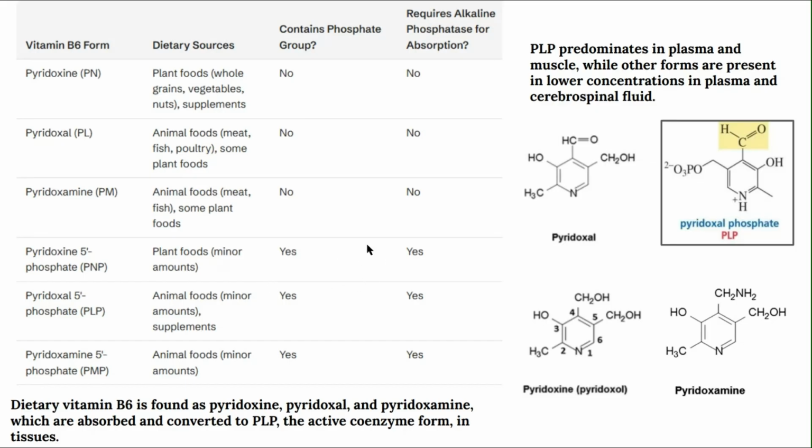Some forms, though, require alkaline phosphatase. Specifically, supplements of P5P are going to require alkaline phosphatase because you have to remove a phosphate group from the pyridoxal form of B6 for it to enter the cell. The same thing applies if you were to take a form that says PNP or PMP, but usually you don't see that.